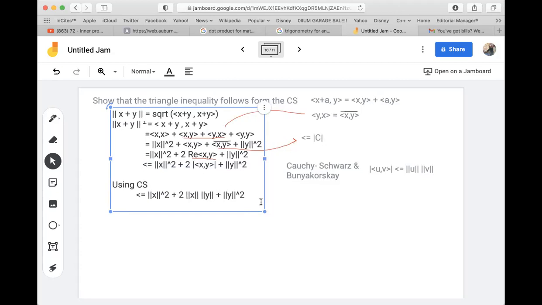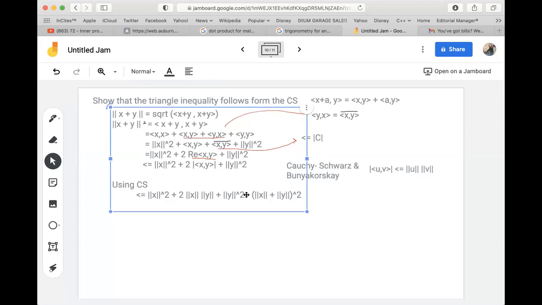Alright, and this one is actually equivalent to norm x plus norm y to the power of 2.